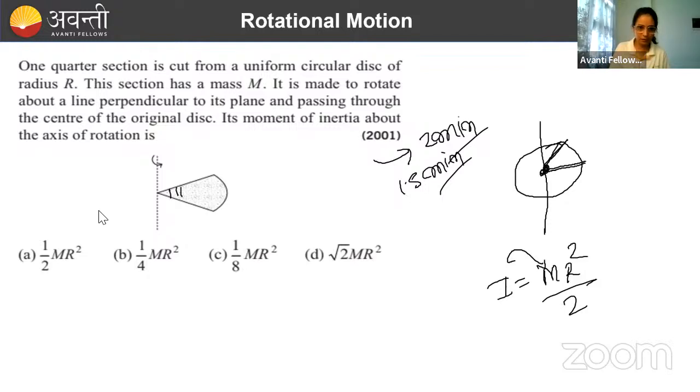Like if this is in this question, a section of disk is there now. So for this section, if you have to calculate the moment of inertia, then you will simply check what will be its mass. Done. And that mass you will be putting here to calculate its new moment of inertia. Done. So what will be the mass here? This section has a mass m.